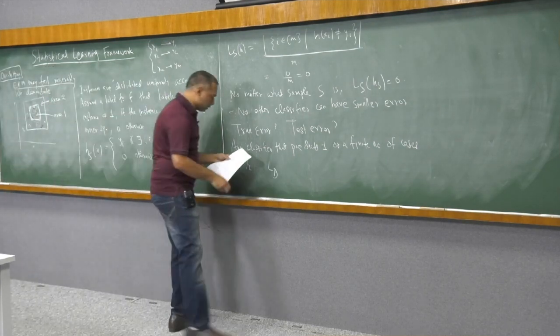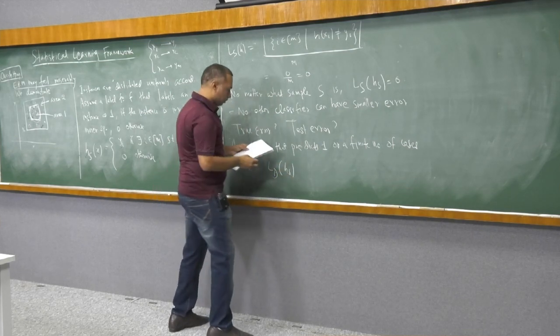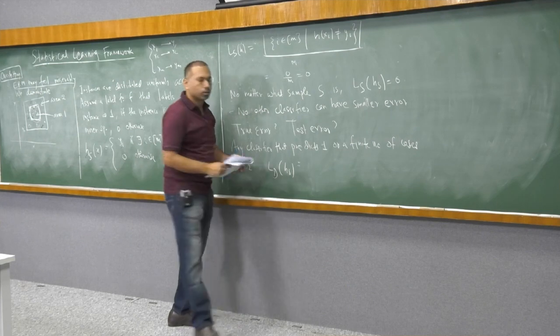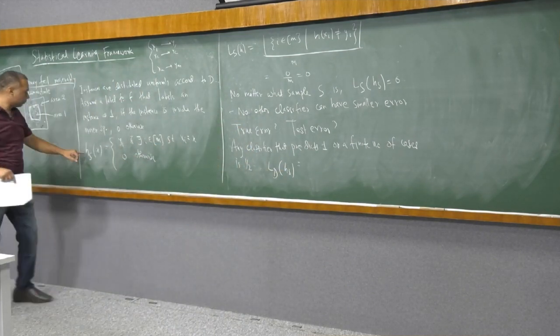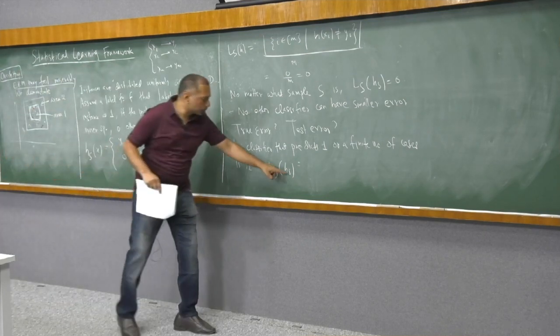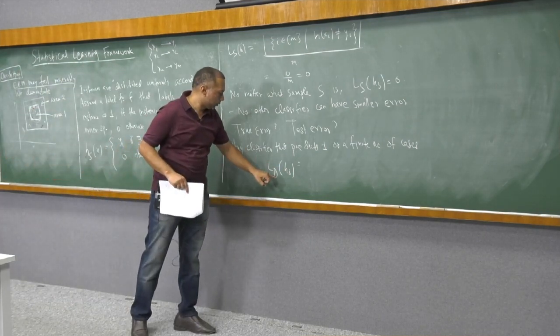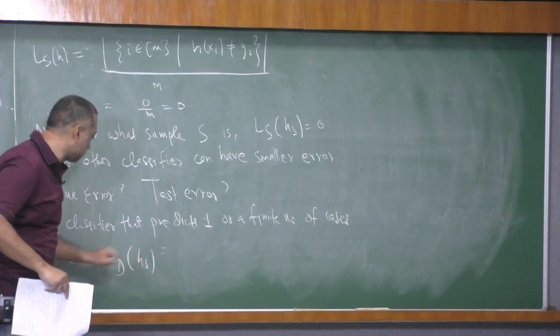So that's the L_D, but computed on h_S. The h_S is the prediction rule that we found from the training data. So h obviously depends on S, and we are measuring the test error on h_S.